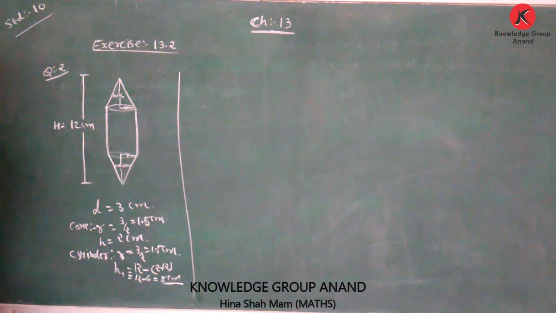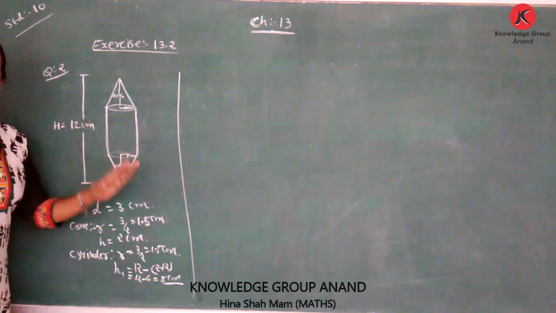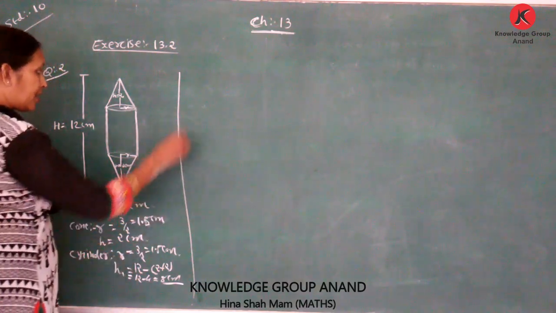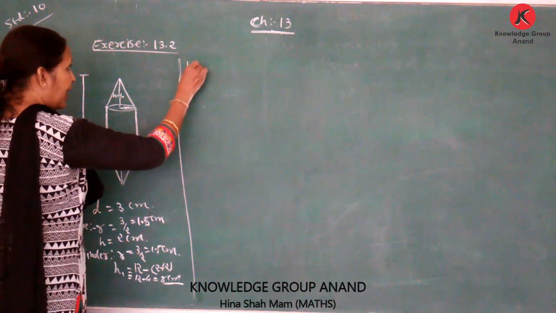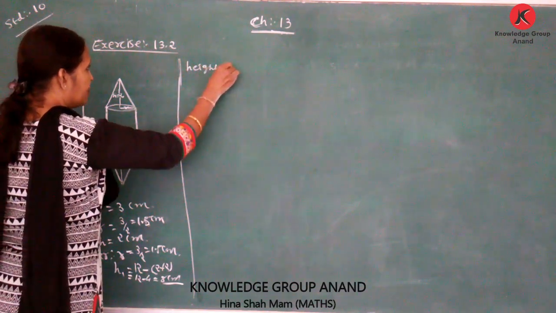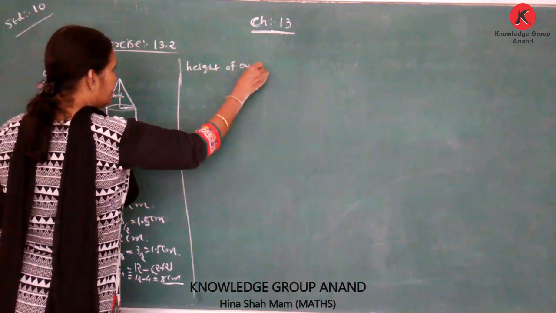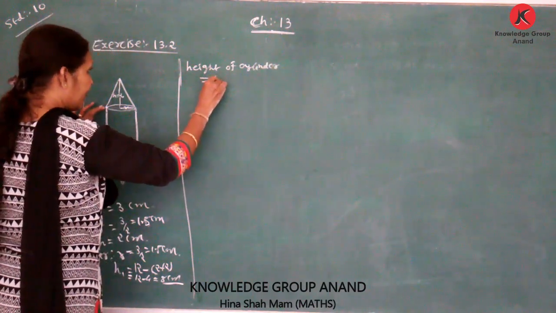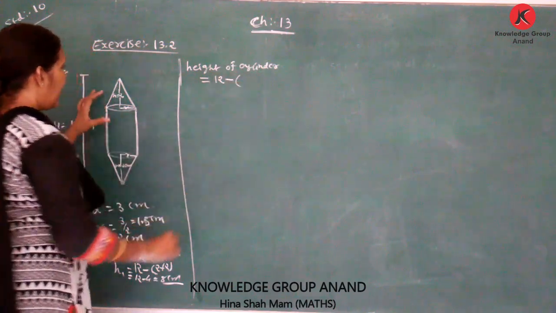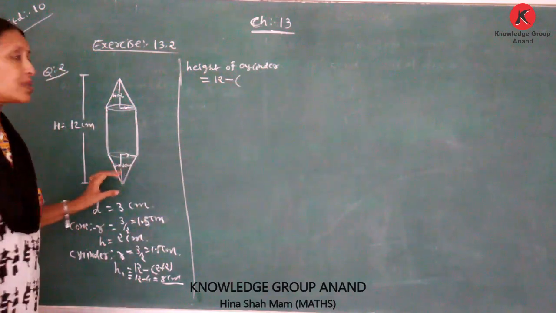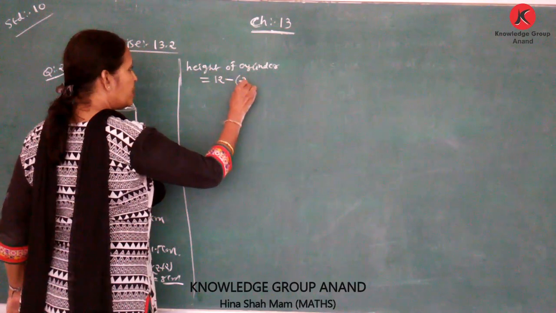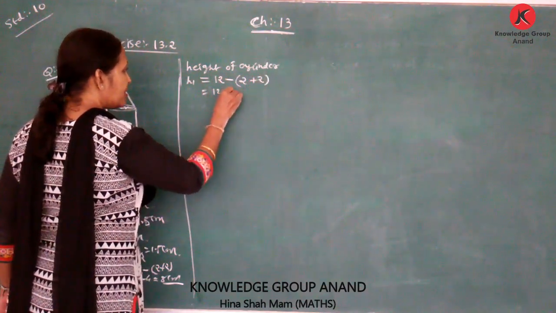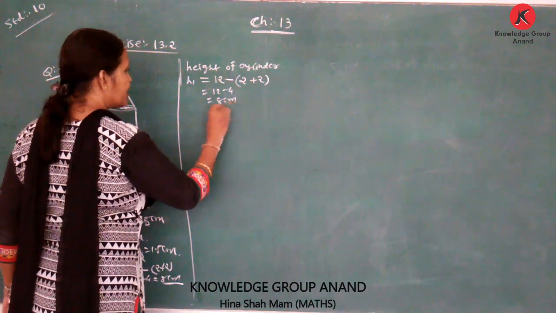So the height of the cylinder is 12 minus the height of the two cones, 2 plus 2, which is 12 minus 4, equals 8 centimeter.